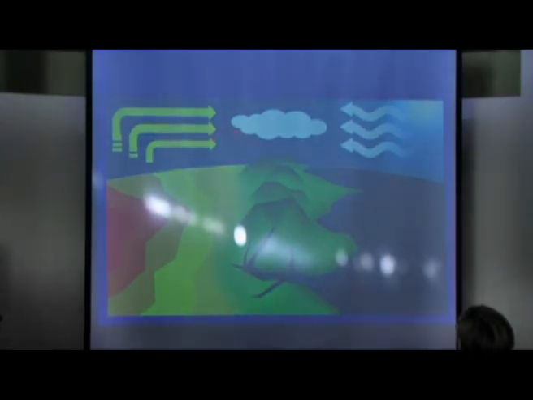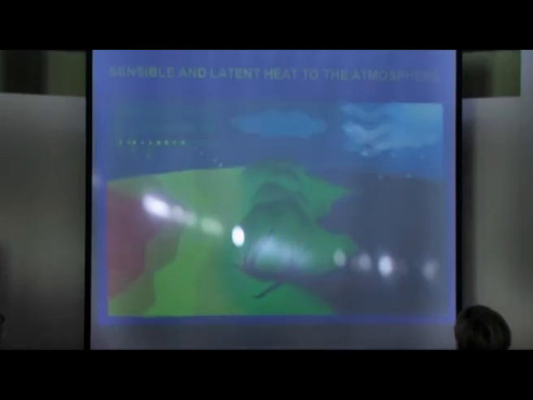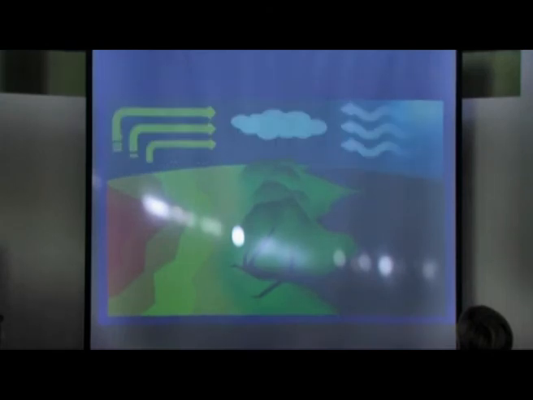Latent heat pushes from the east side to the west, and sensible heat pushes the clouds from the west side to the east and creates clouds close to mountains and close to coastal zones. After that it creates heavy storms and starts raining. The raining is extremely dangerous for the coastal zone.